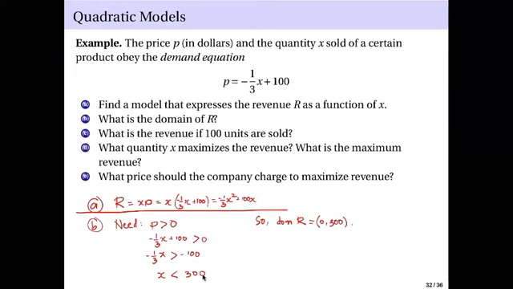Because again, if your x is equal to 300, revenue will be 0. That's fine, but you don't want that. And if your x is greater than 300, the price becomes negative. And we don't give negative price.